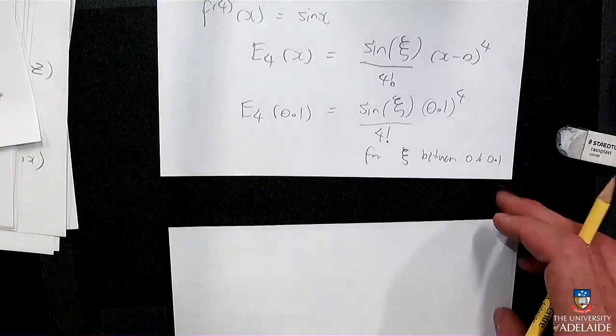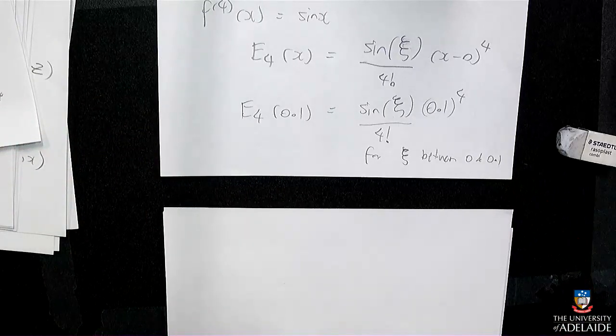So I need to think about all the psi's between 0 and 0.1 and find the minimum of those. But that's going to require me to know what sine of 0.1 was, which is what I'm trying to estimate anyway. Oh, it's all like circular reasoning. Well, I know that sine is definitely less than 1. That's not a particularly good estimate, but then the sine of anything is always less than 1.